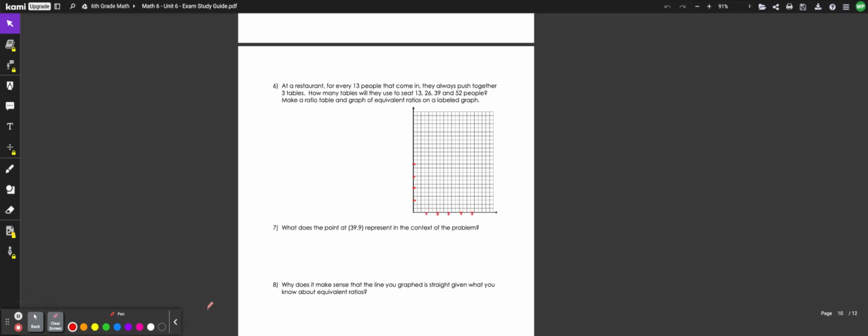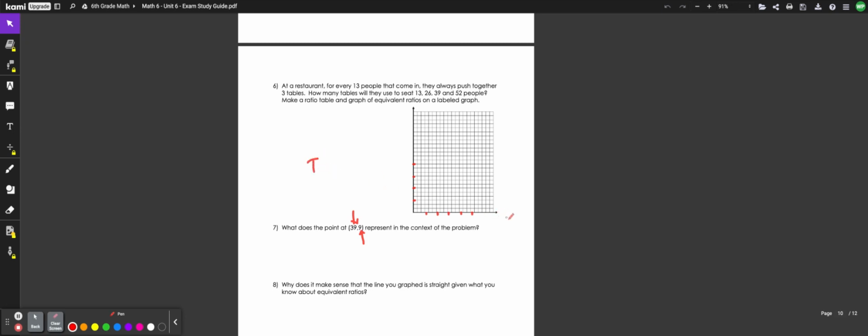Also recognizing the manner in which the question is asked, they want the number of people to be on the x-axis and the number of tables to be on the y-axis. So we can change this around.